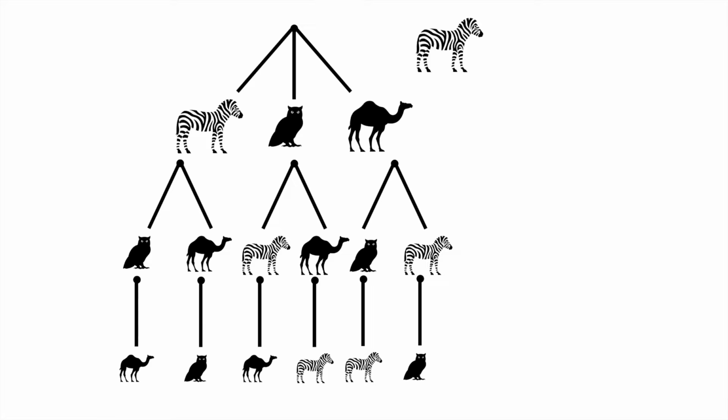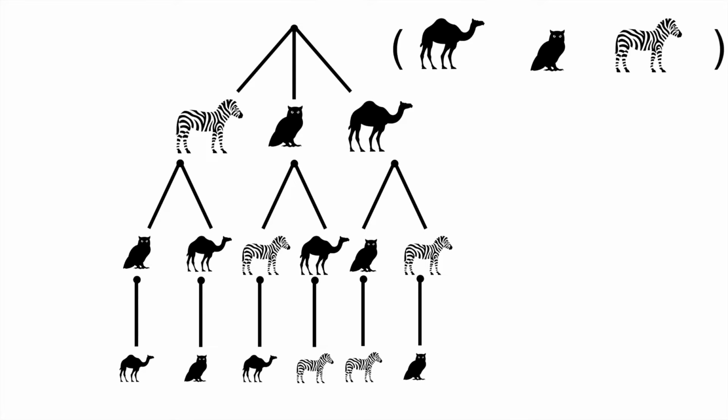For instance, the list zebra, owl, camel is represented by following this path. The list camel, owl, zebra is represented by following this path.